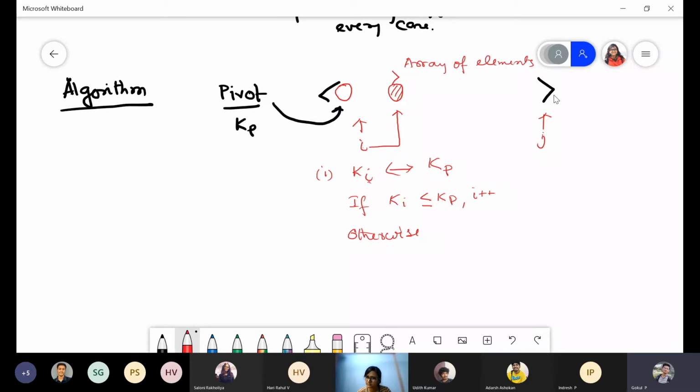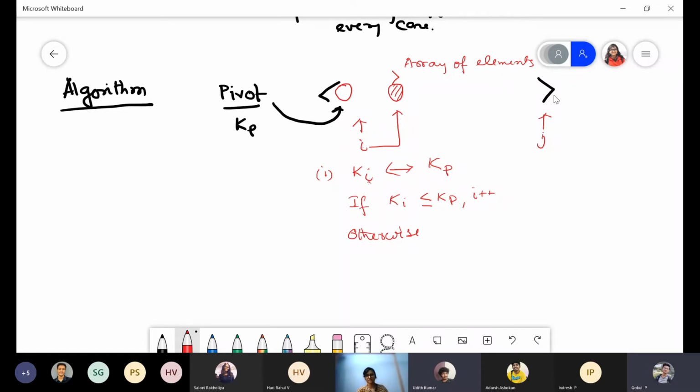Similarly, we'll be doing with Kj, ma'am. And at the same time or after this? What do you mean at the same time or after this, ma'am? Like in the same iteration?